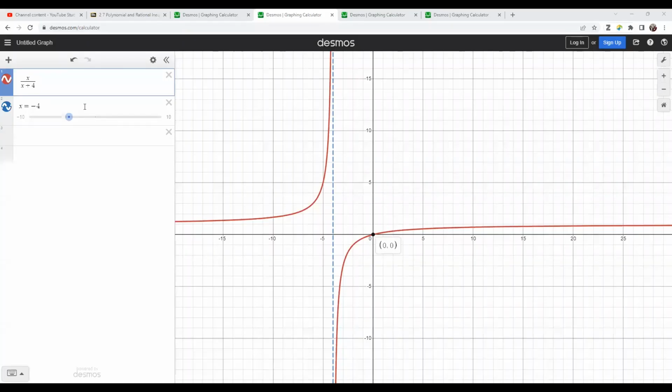So I jumped us over to Desmos here. I've plotted the function. I've also included x equal -4, which was one of our boundaries. You'll notice that that boundary is in fact an asymptote, and this is why it cannot be included, because our rational expression can never equal that line or that point.